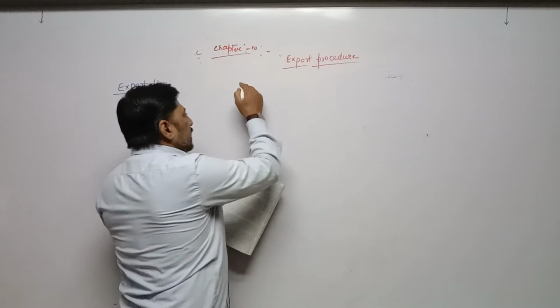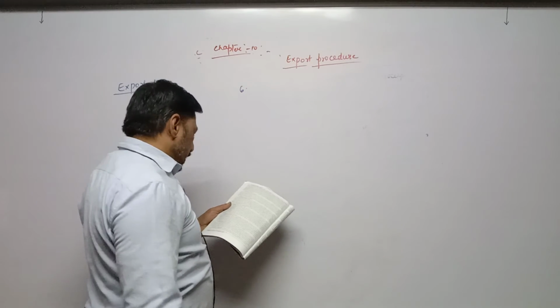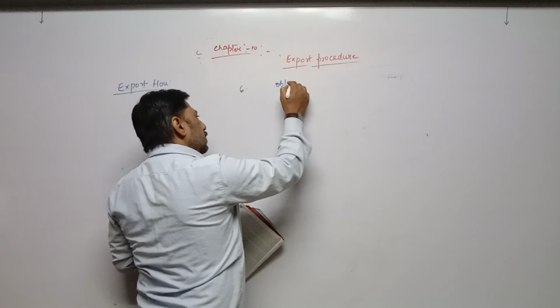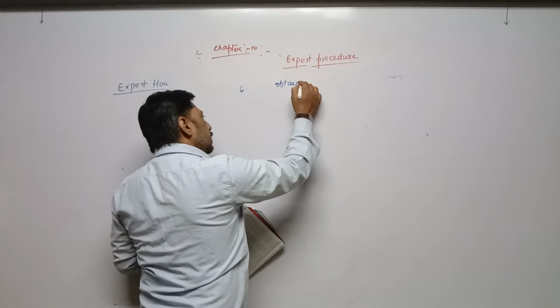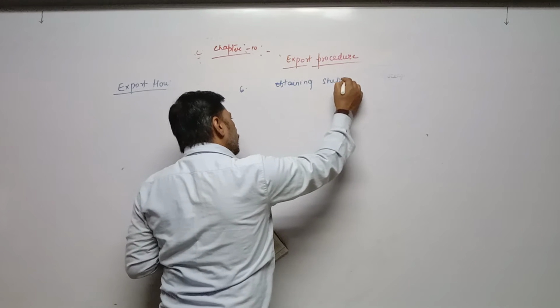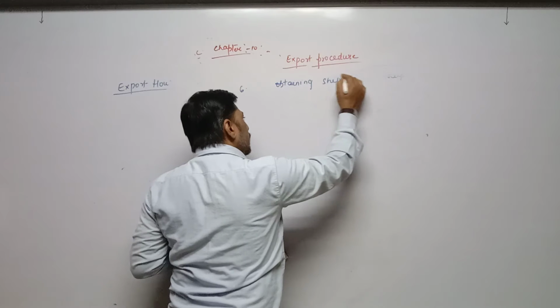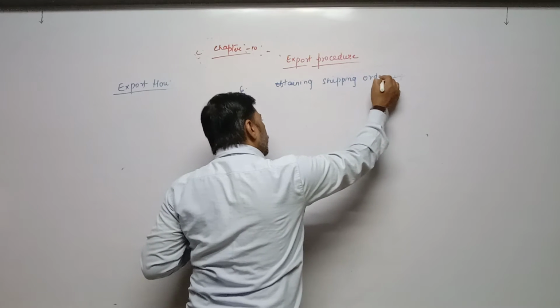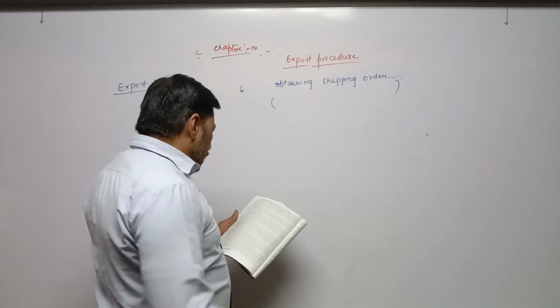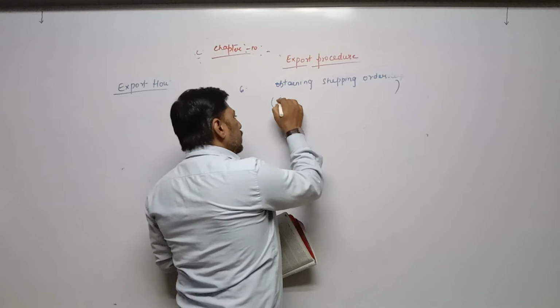Now point number 6, obtaining shipping order, which is also known as charter party agreement.